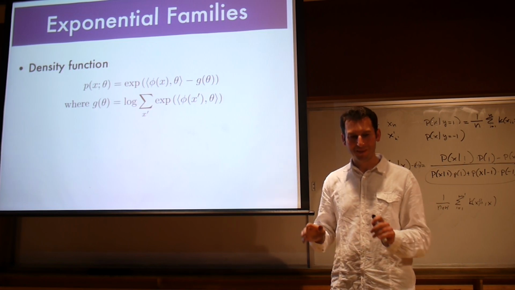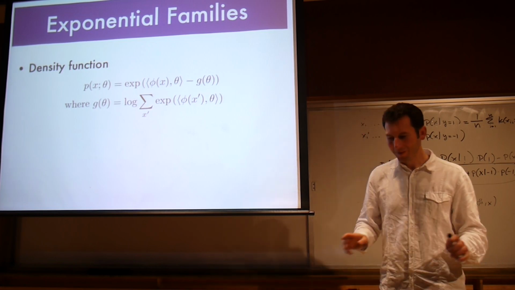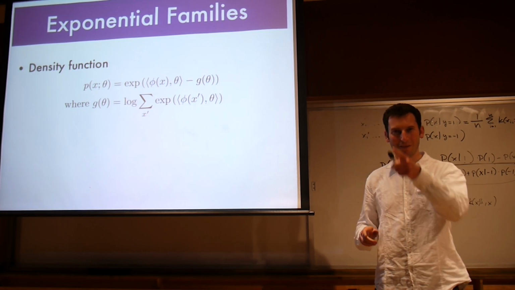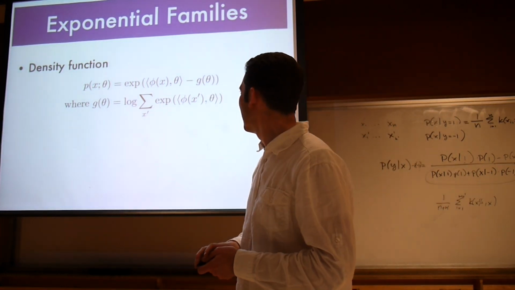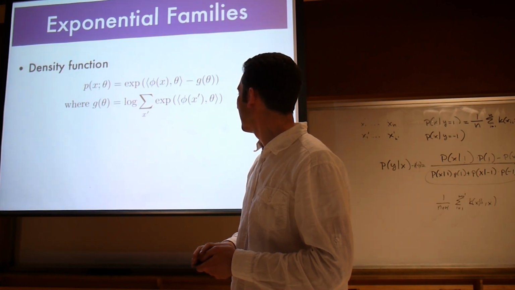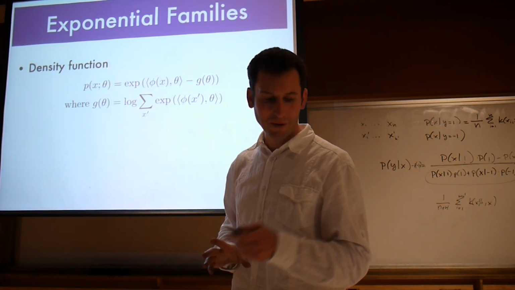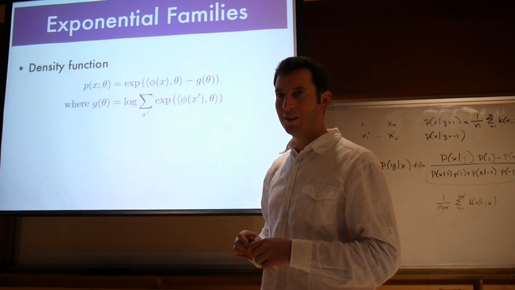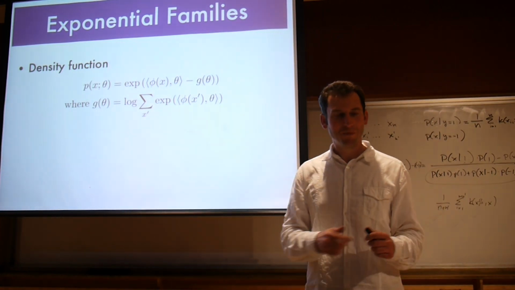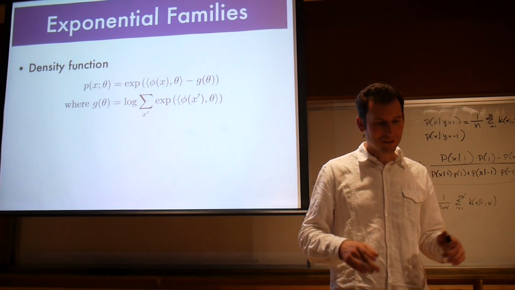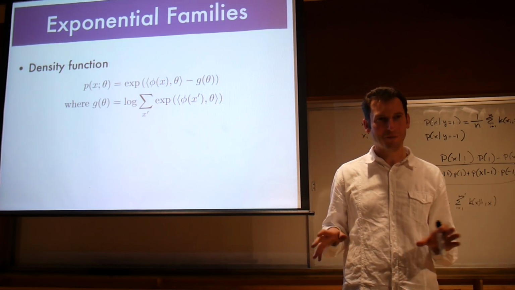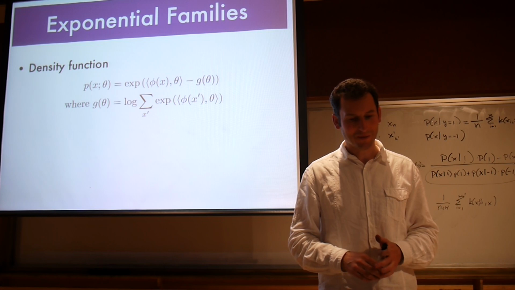So I'm throwing a lot of mathematical details under the rug here. Question, yes? By the bracket of x, theta, we mean? That's an inner product. I'm going to show you with a little bit more detail what this actually means. Don't worry, we'll get to the normal distribution and Poisson and so on and actually go through this.